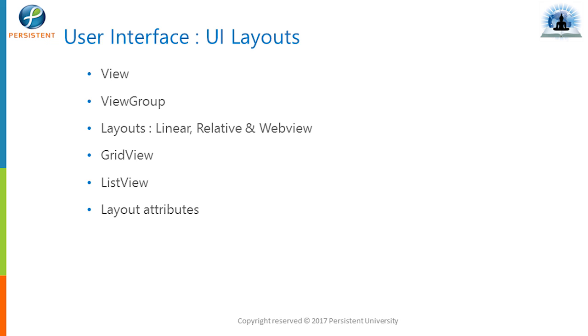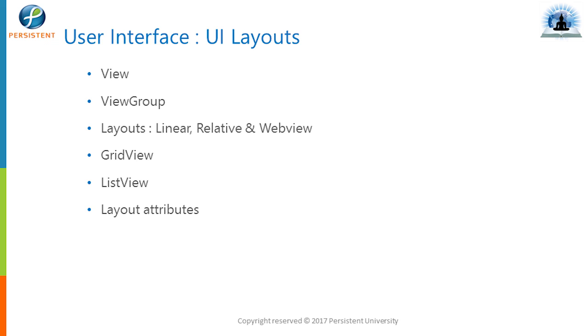View is the base class for widgets, which are used to create interactive UI components like buttons, text fields, etc. The view group is a subclass of view and provides an invisible container that holds views or other view groups and defines the layout properties.